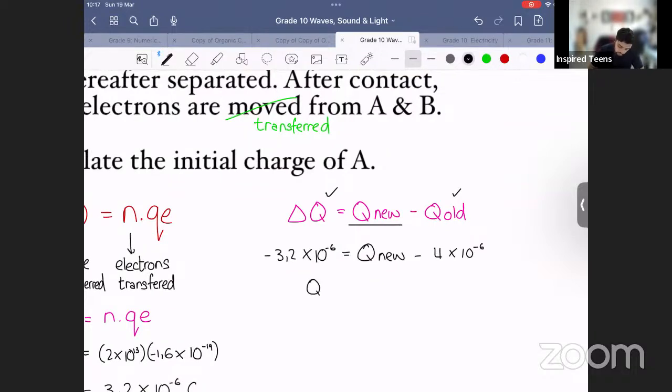When we make Q new the subject, negative 3.2 plus 4 becomes 0.8 times 10 to the negative 6 coulombs. This is the Q new that we've calculated.